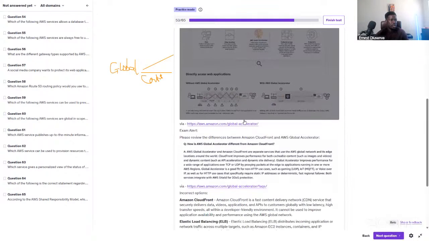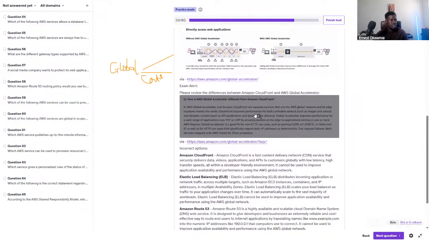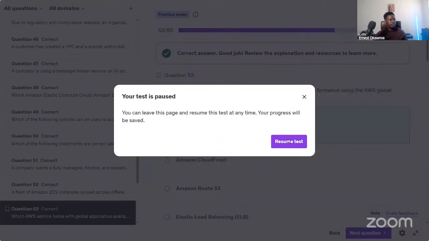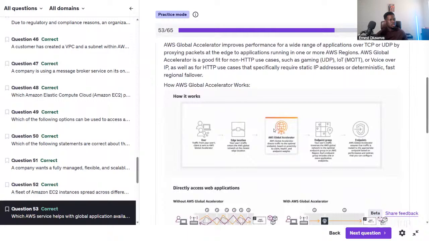All right. And the definition is right here. So I think this is very important. You need to know the difference between Global Accelerator and CloudFront because these are commonly misunderstood. So I'm going to try and see if I can zoom this in so we can read it. Yeah. So look at this.